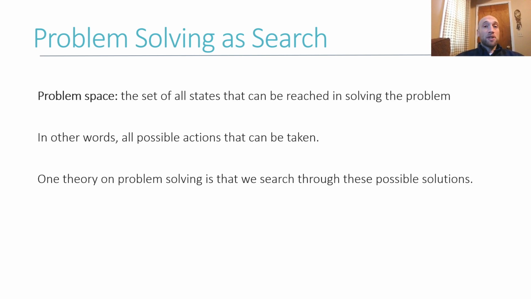There might be many solutions. All those solutions can be present in that problem space. And what I need to do is walk through these mentally, walk through these solutions to see if I will solve my problem or if it will help me reach my goal.